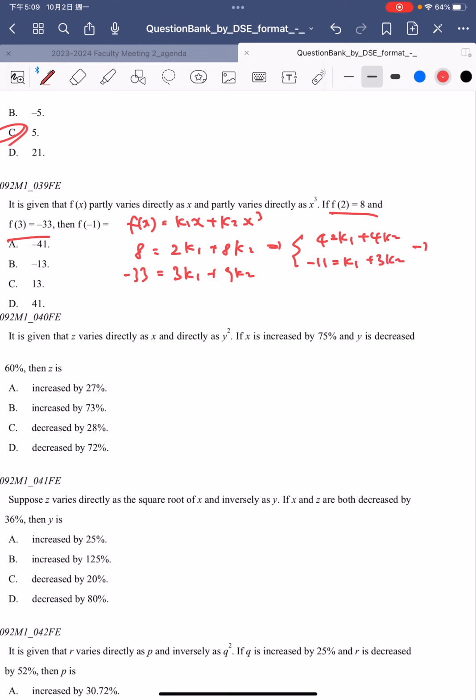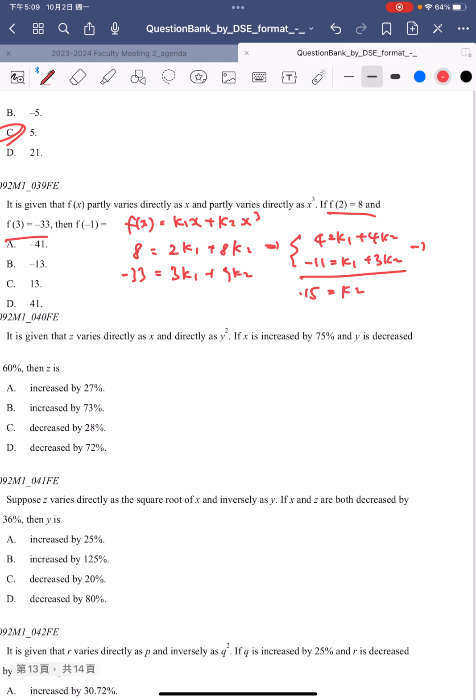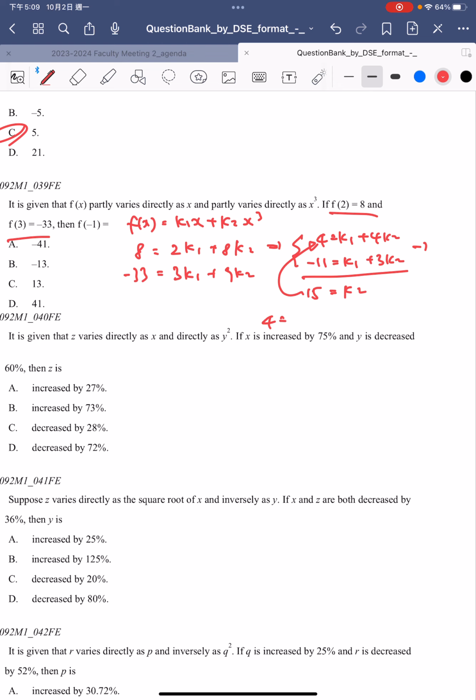And we subtract them: 4 minus negative 11 gives you 15, equal to k2, since k1 is eliminated. Then we substitute back into our equation. We have 4 equal to k1 plus 4 times k2, which is 15, so k1 is equal to 4 minus 60, which gives negative 56.